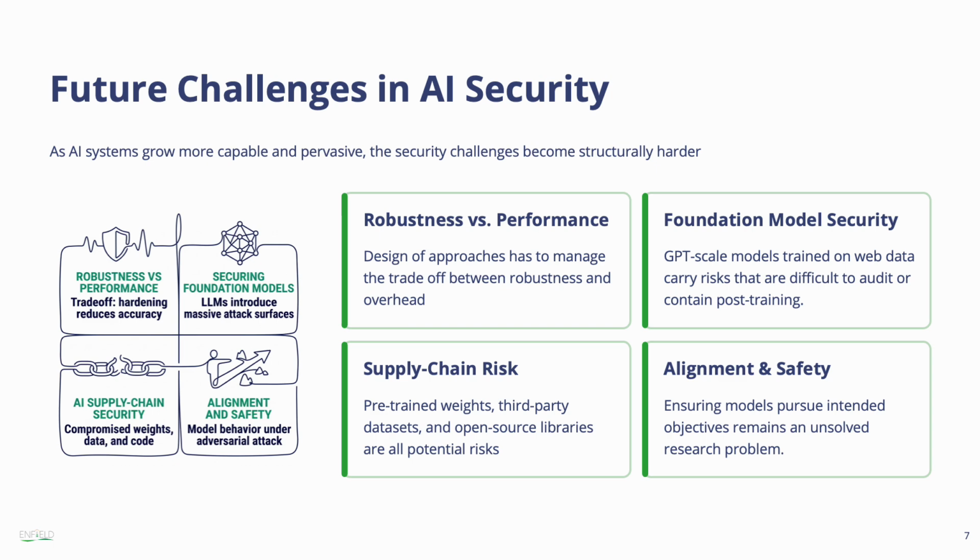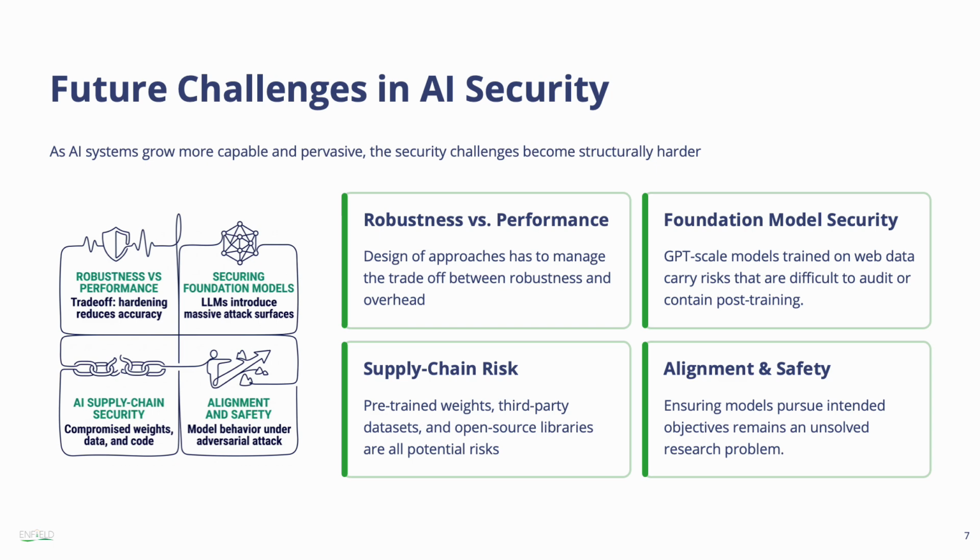The machine learning supply chain is an important factor in the security discussion. The end result that we build in our machine learning pipelines is relevant to pre-trained weights that we may use, third-party datasets or open source libraries, and all these artifacts may hide different security risks.